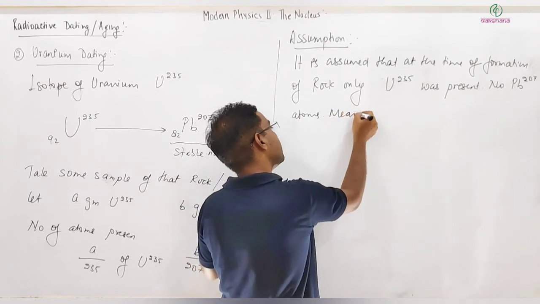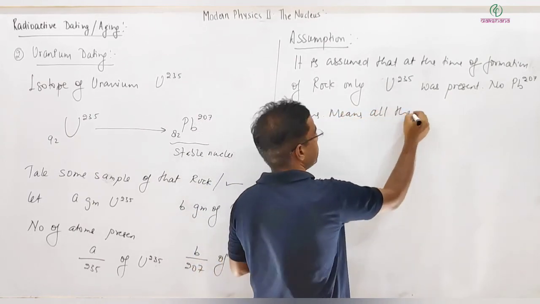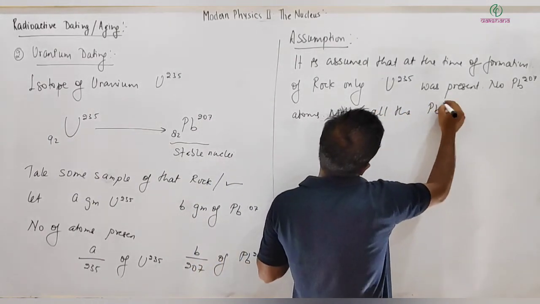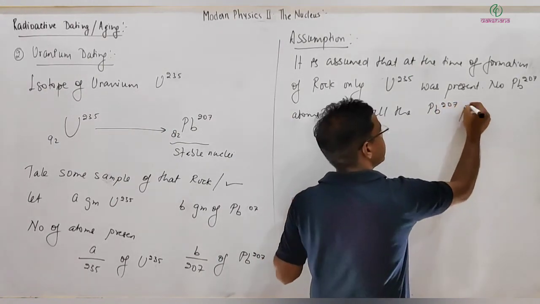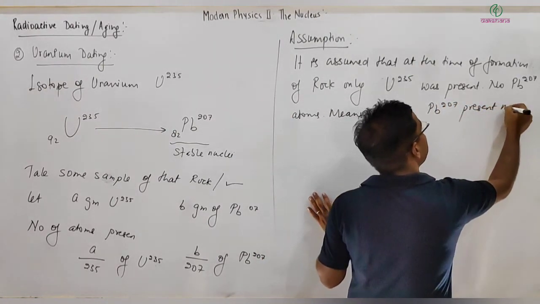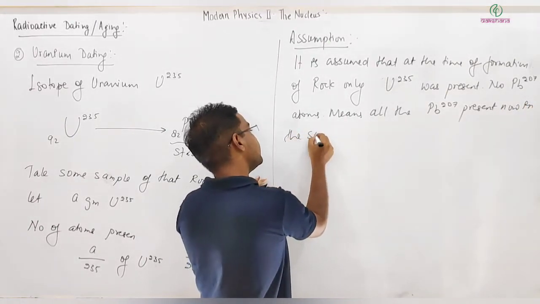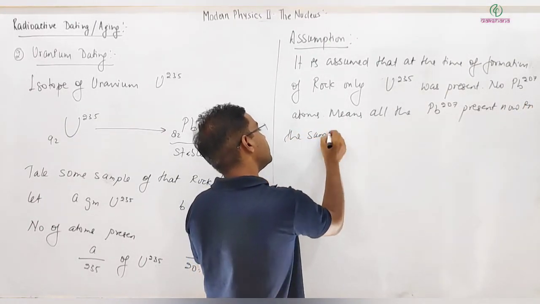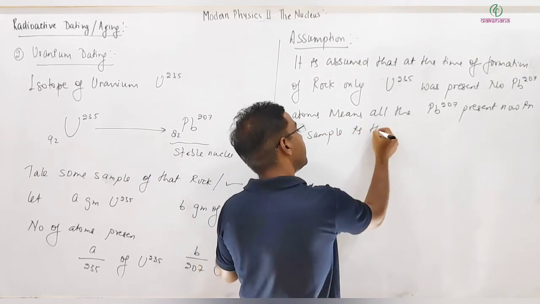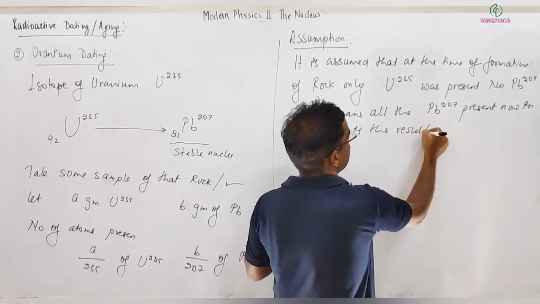Means all the lead 207 present now in the sample is the result of decay of uranium 235.